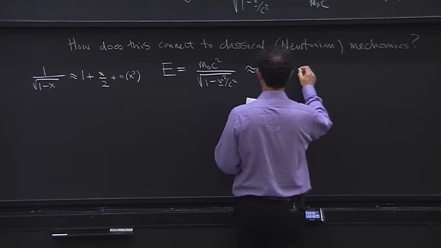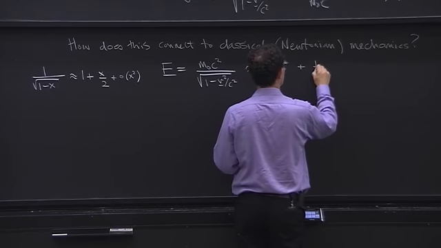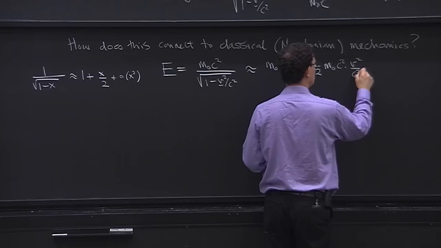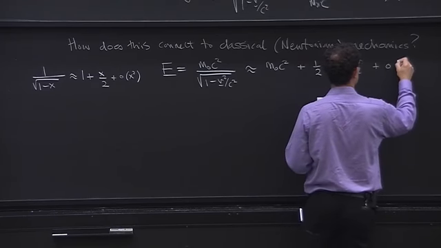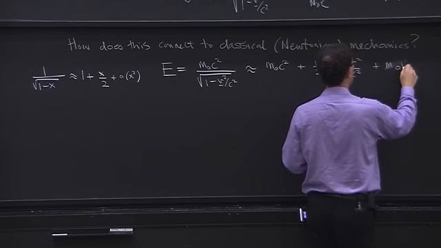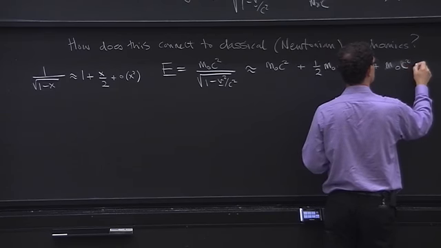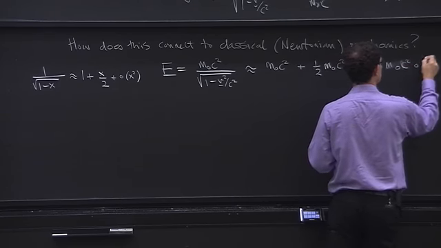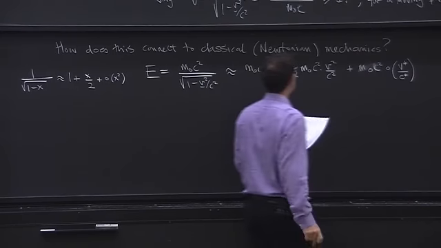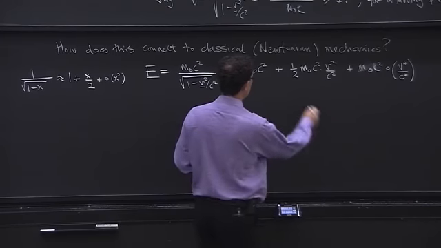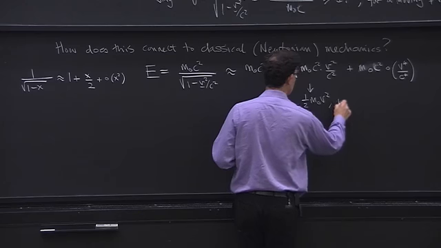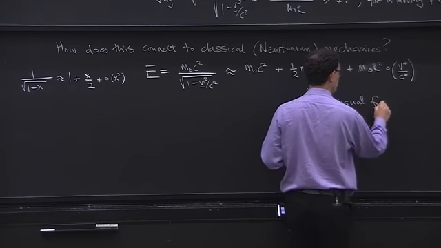And so this is m naught c squared plus 1/2 m naught c squared times v squared over c squared plus m naught c squared times order v fourth over c fourth. And so here we have 1/2 m v squared, the usual formula for kinetic energy.